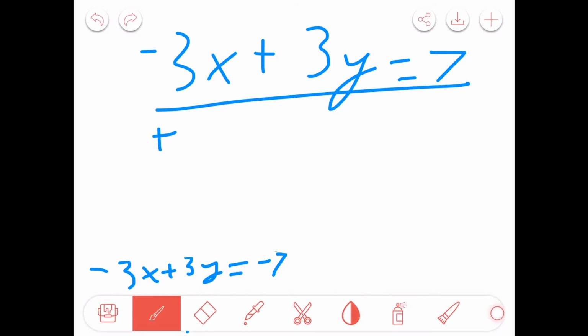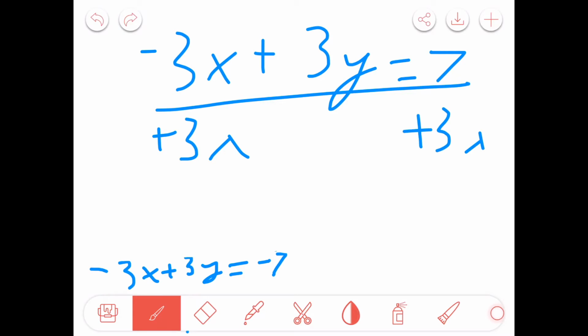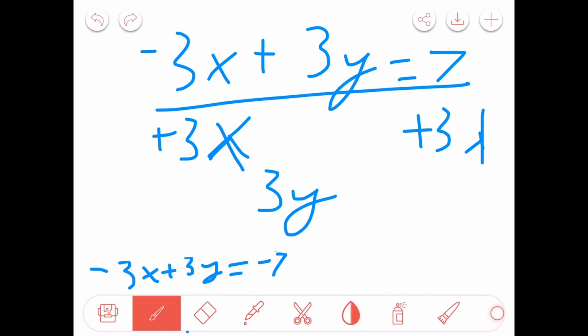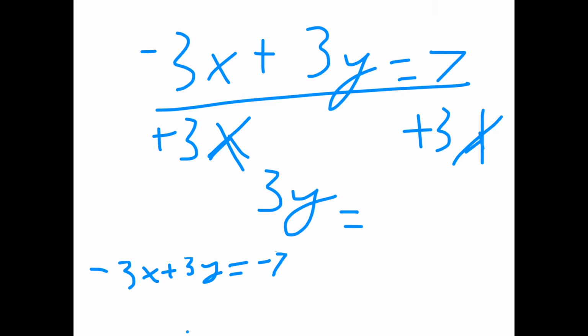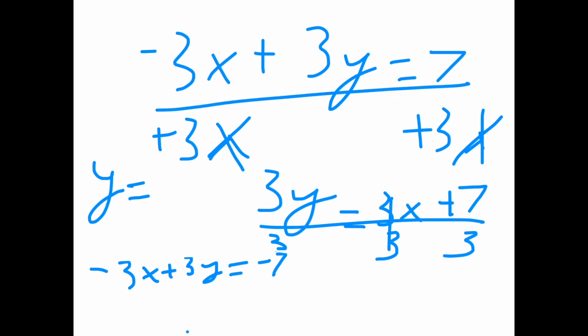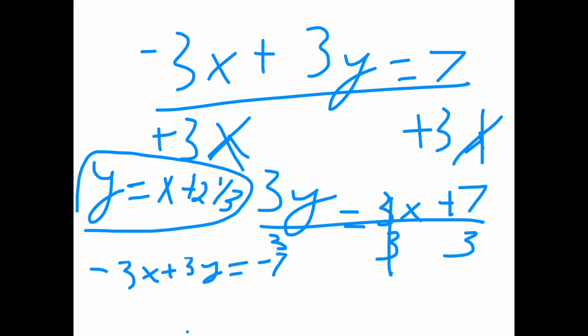So add 3x on both sides, and we get 3y equals 3x minus 5. Again, we divide by 3 on both sides, and y equals 3 divided by 3 is just 1, x minus 5/3. That's your answer for the third one.